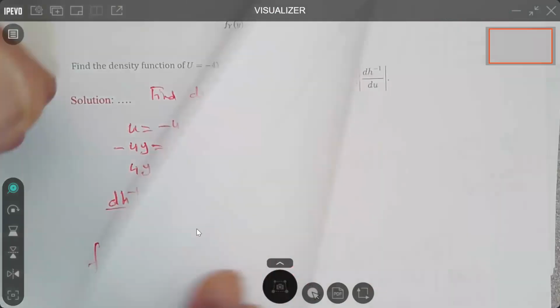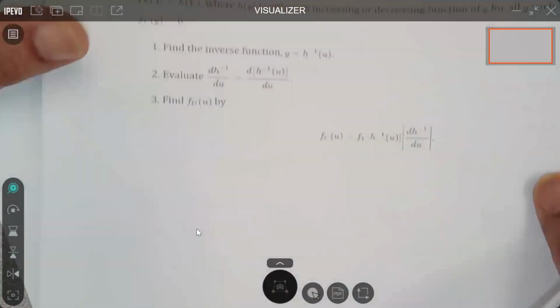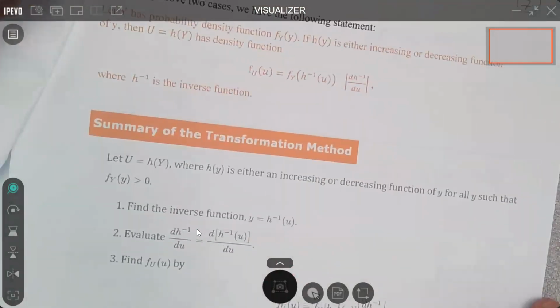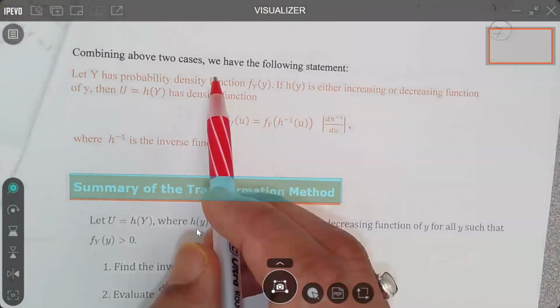Now, see this part here. We want to combine the increasing and the decreasing case.